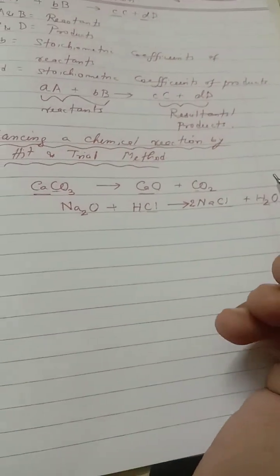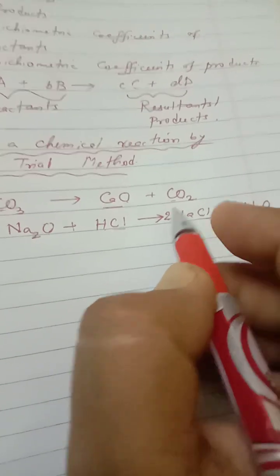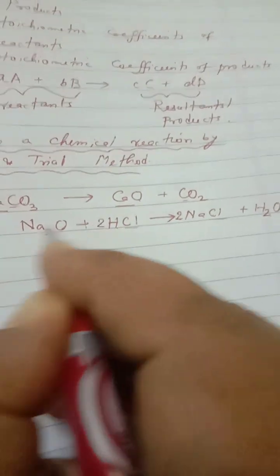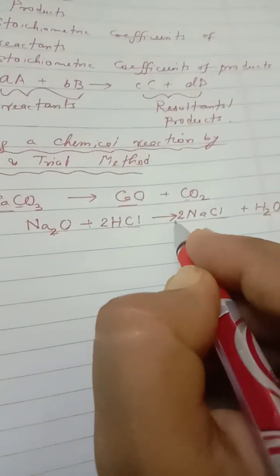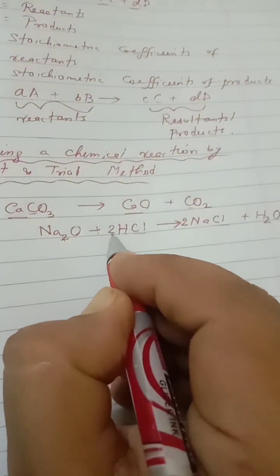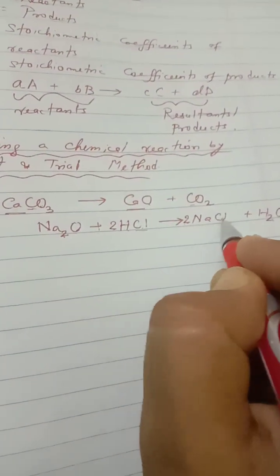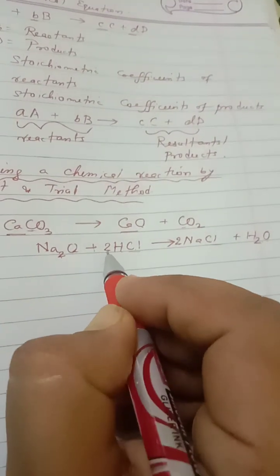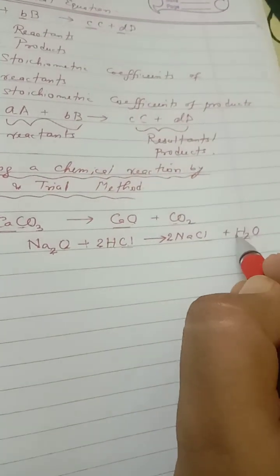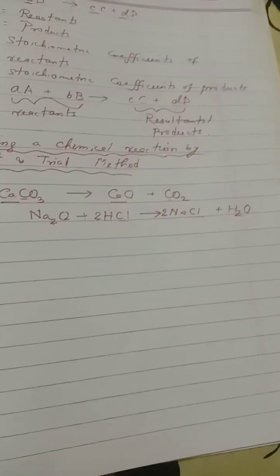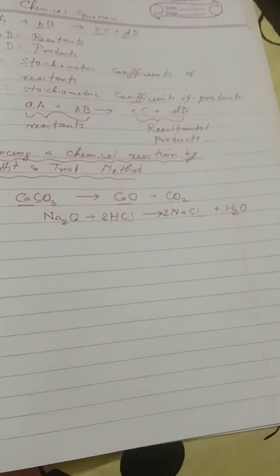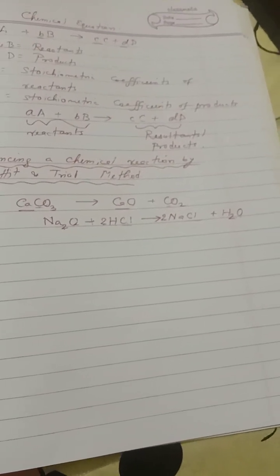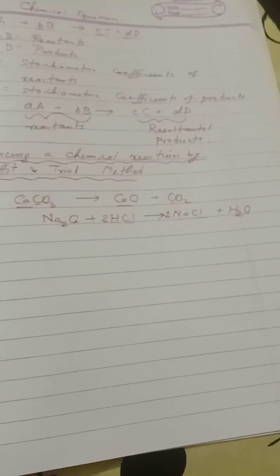Chlorine got unbalanced, so you put a 2 here. Now count: 2 sodium, 2 sodium, 2 chlorine, 2 chlorine, 1 oxygen, 1 oxygen, 2 hydrogen, 2 hydrogen. The equation is now totally balanced.